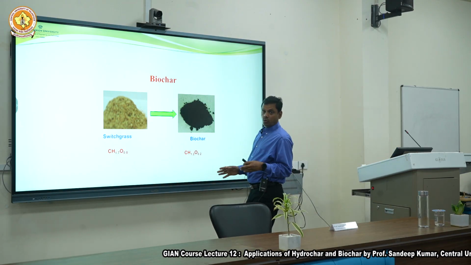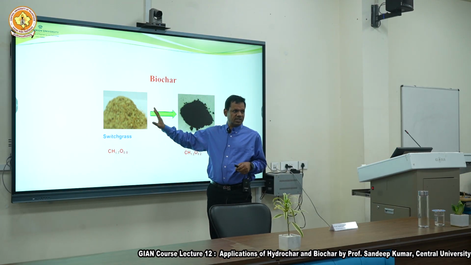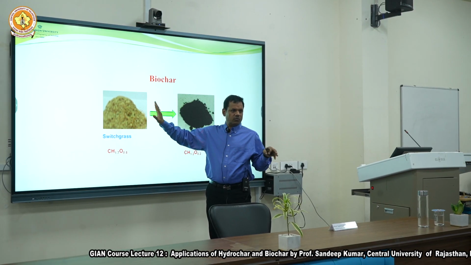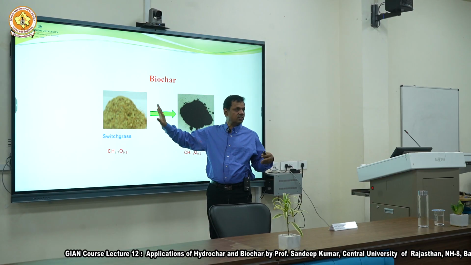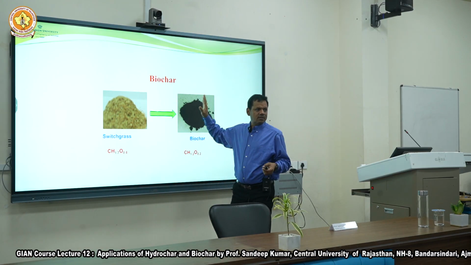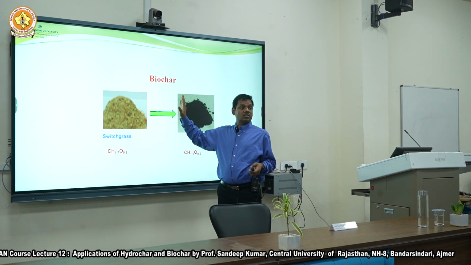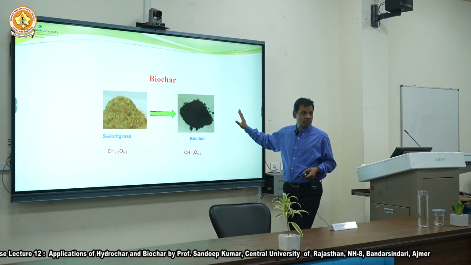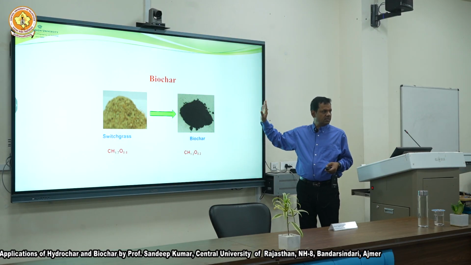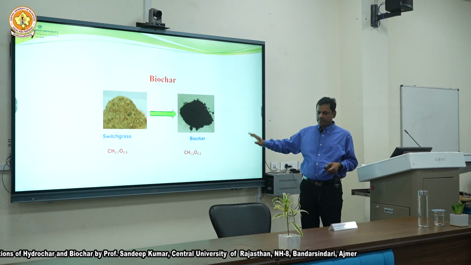So if you want to store this organic material, it is very difficult to store, right? Lot of volume, biodegradation, the smell, things will happen. If you carbonize it through pyrolysis of the hydrocarbon, you will get a stable material. Transportation is easier, pelletization is easier.